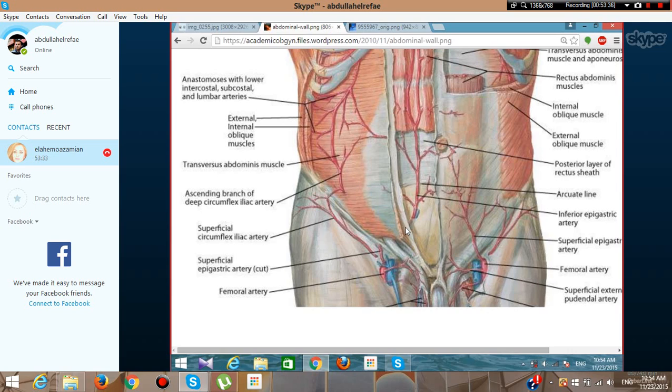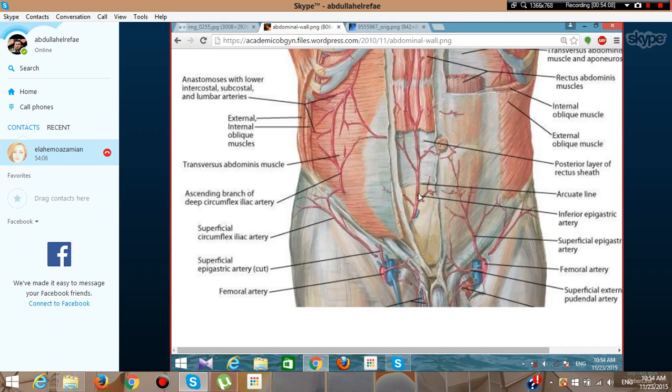And one of them, you see it here, is called the deep circumflex iliac artery. The deep circumflex iliac, which is lateral, makes anastomosis with the branches of musculophrenic. These two are lateral. What do we have anteriorly? Superior and inferior epigastric, one of them a branch of internal thoracic, one of them a branch of external iliac.